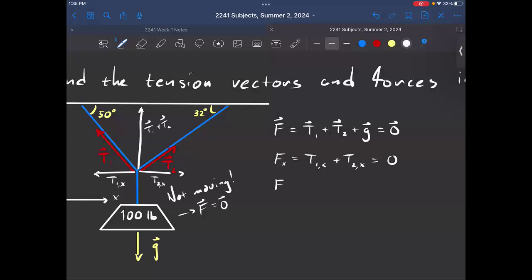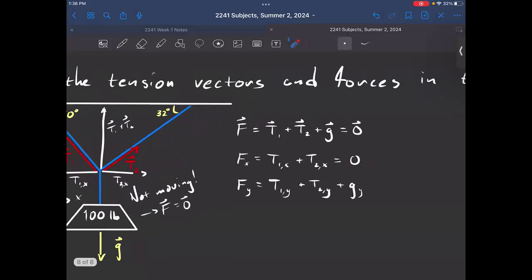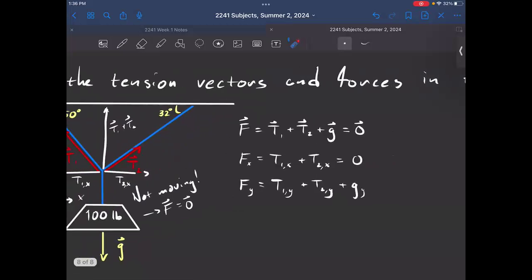All right, and similarly, we can write down an equation in the y direction. This is called decomposing a vector into its coordinates, or into its components along the axes. So we're going to have now T1y plus T2y, but now we have G, and so plus Gy. I didn't write down the G up in the first one because we know it's 0. G points straight down. But now we can figure this out. We want the components of these tension vectors. So what do we do here?